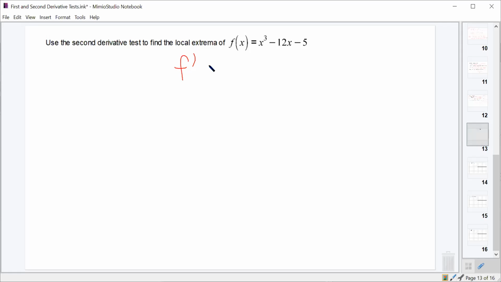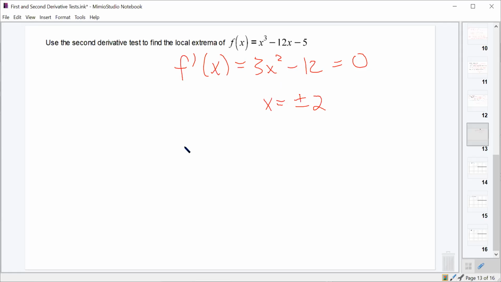What's f prime? 3x squared minus 12. And set it equal to 0 and see when it's undefined, right? Never undefined, but when does it equal 0? At x equals 2 and -2. Positive or negative 2, right?